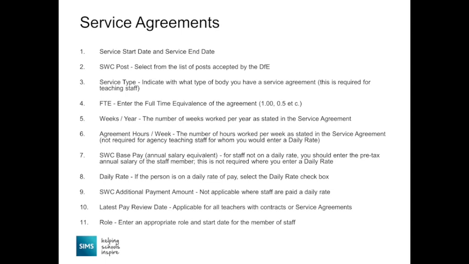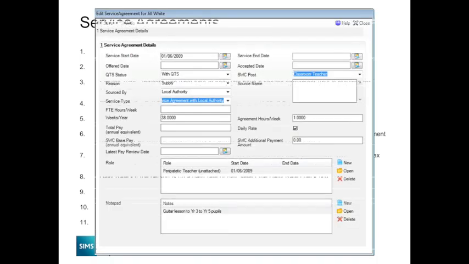If they've had a pay review because they've been on a service agreement for that long, then you would record that, and you record an appropriate role and start date for the member of staff. I think there's a screenshot of the page that you'll find in SIMS. It's the employment details, service agreement details.